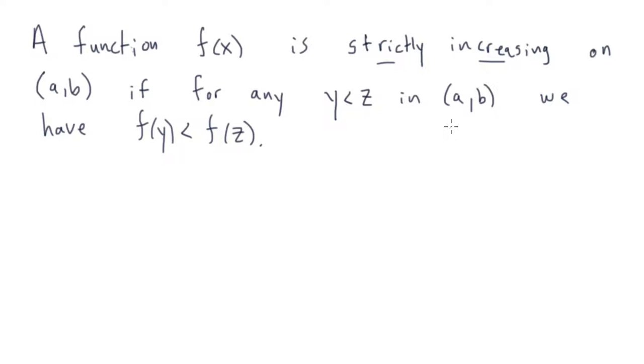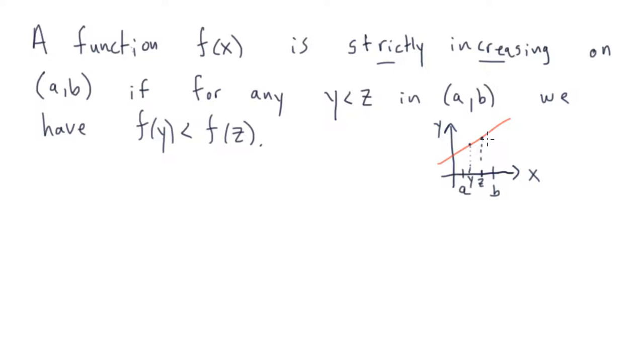So put kind of simply in the form of a graph, here's a, here's b. What does our function look like? Like that. So if I take any 2 points, say y and z, there's y and there's z, then you see that the function values have this relationship. f of y is less than f of z.